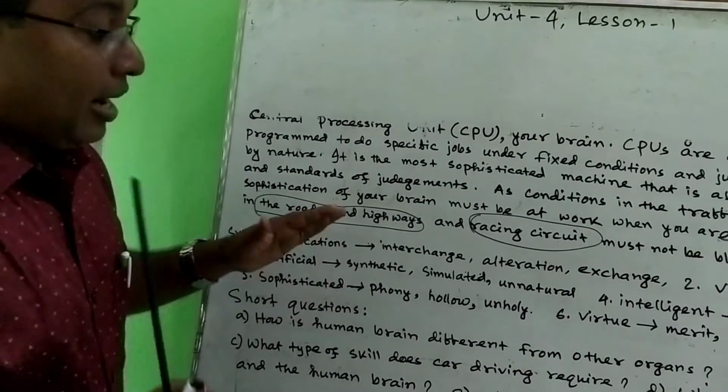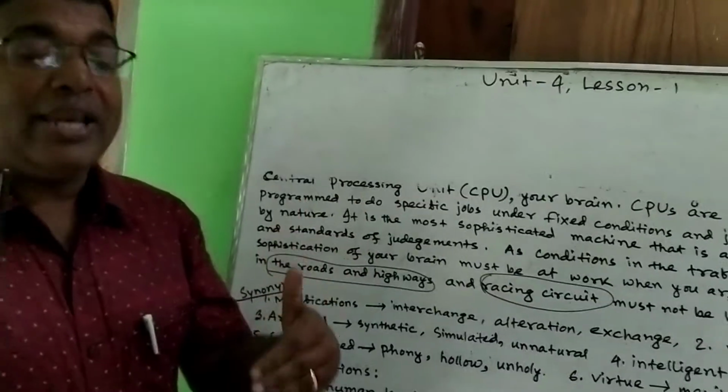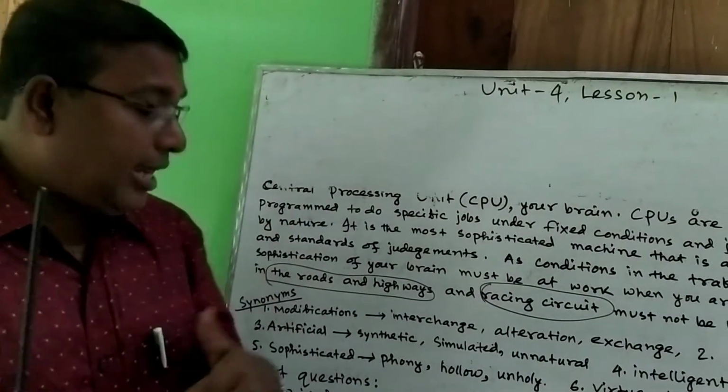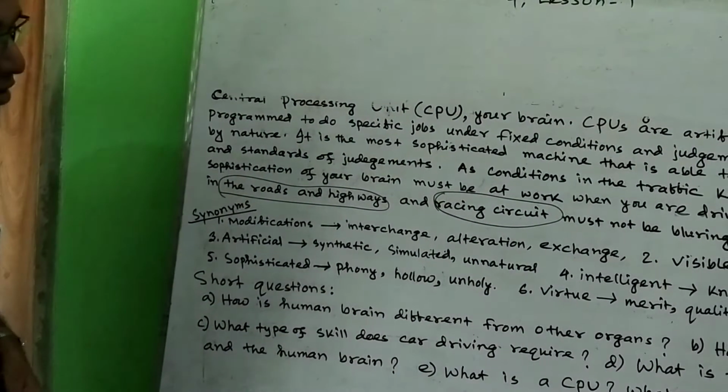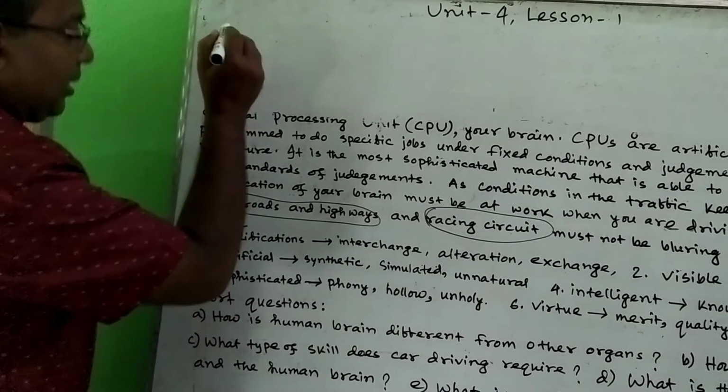Okay, but there is a difference in the working process between the brain and other organs. How is the human brain different from other organs? Okay, then question number one.